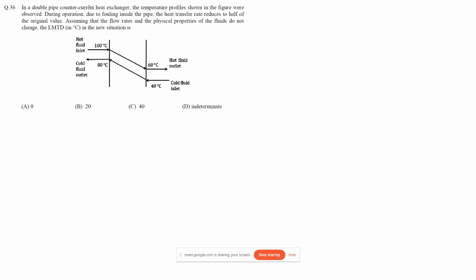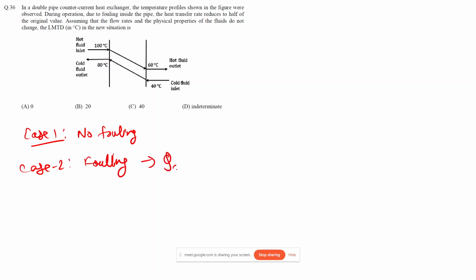So in this given question, we were given a counter current heat exchanger and the temperature profile was given. For case 1, we had no fouling, and in case 2, we had considered the case of fouling. For case 2, we had Q2 equal to Q1 upon 2.